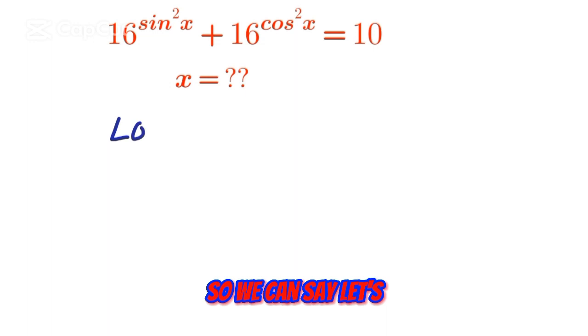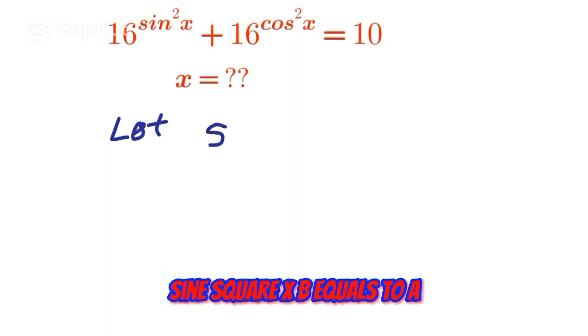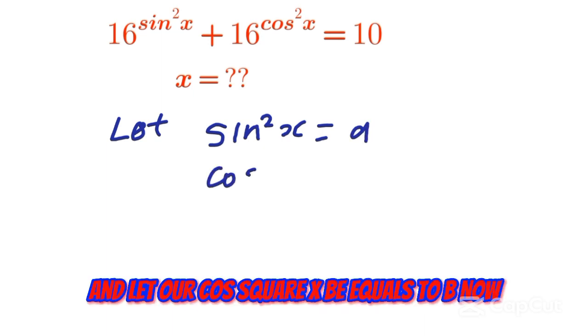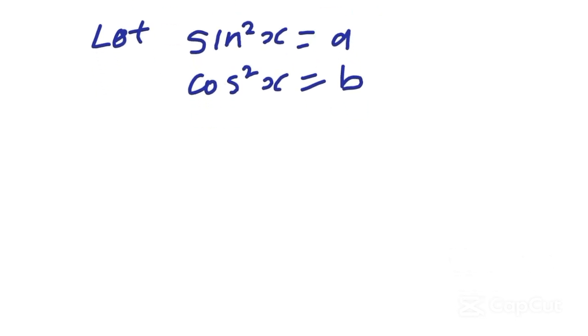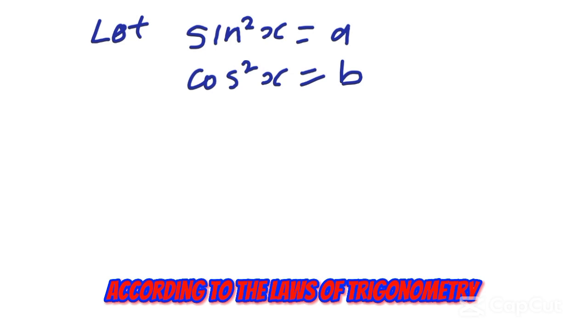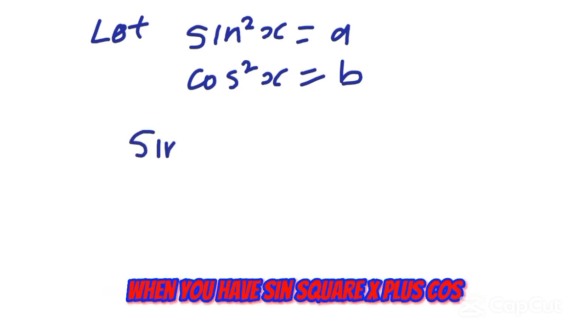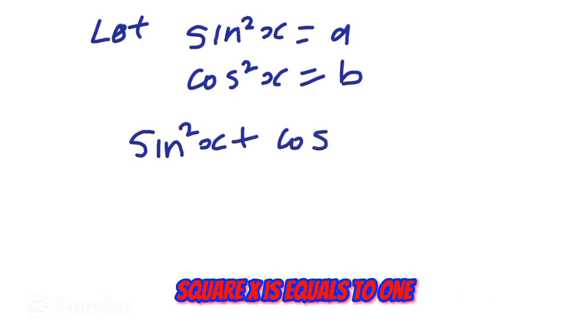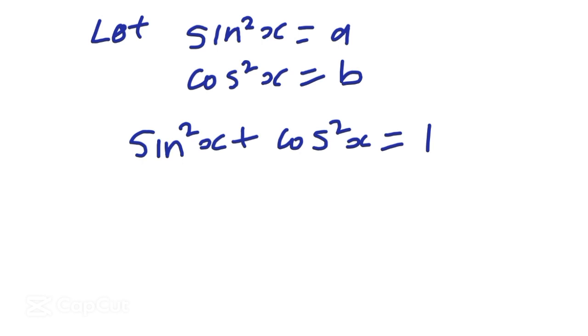Now, the first step we're going to take in solving this question is to substitute. So we can say let our sine square x be equal to a, and let our cos square x be equal to b. Now, going by the laws of trigonometry, when you have sine square x plus cos square x, it is equal to 1.